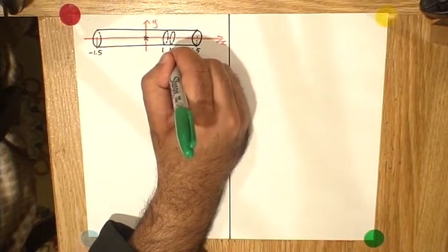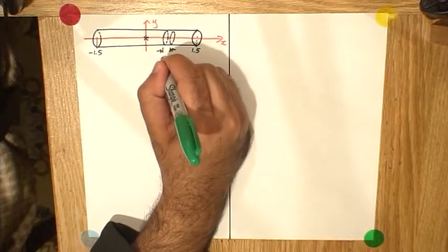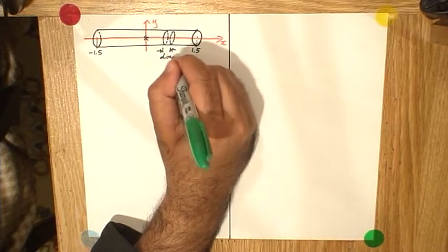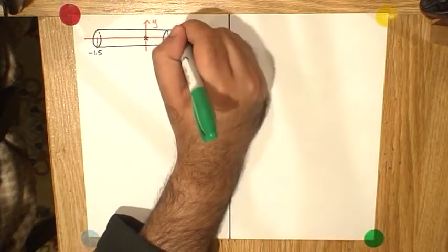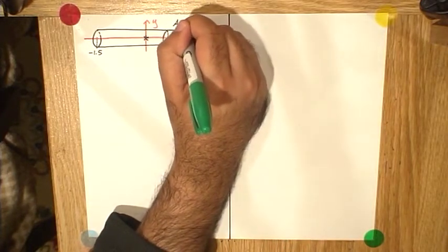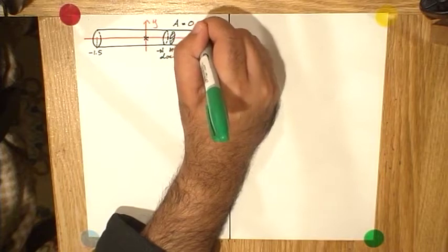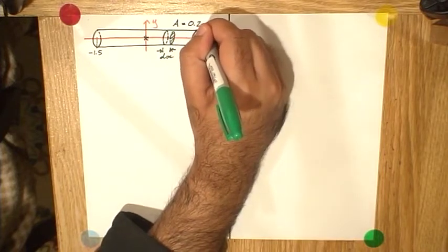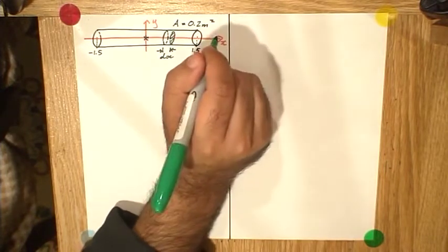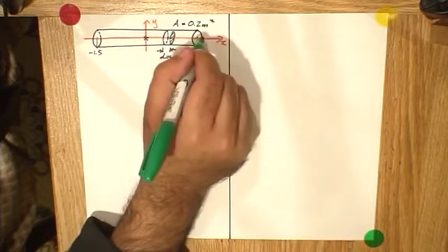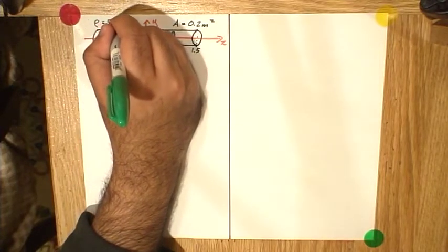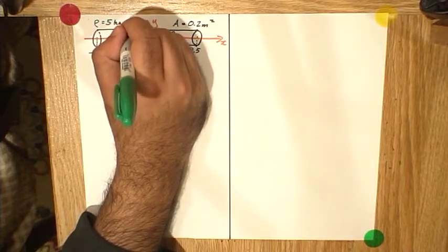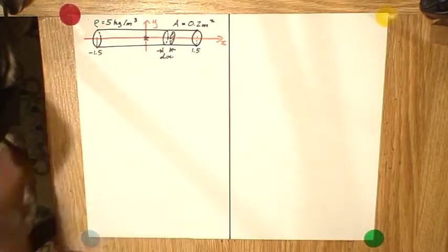The length of this slice is dx. The area of this slice was given to us. The area is equal to 0.2 meters squared. And the density of this overall rod was given as 5 kilograms per meter cubed.